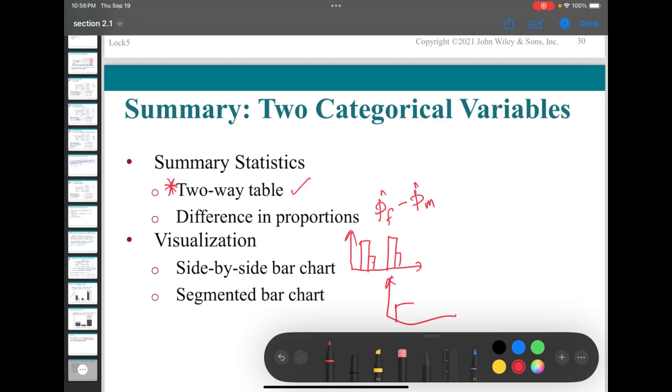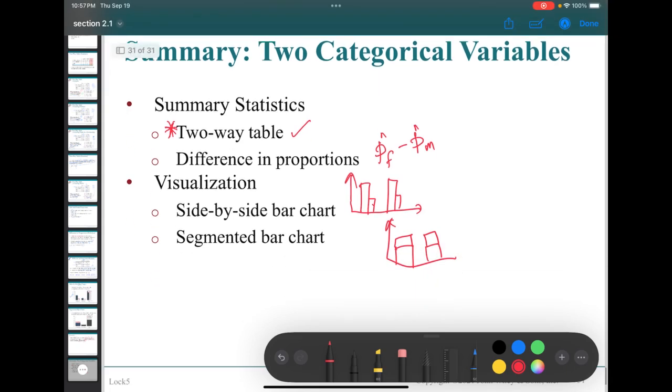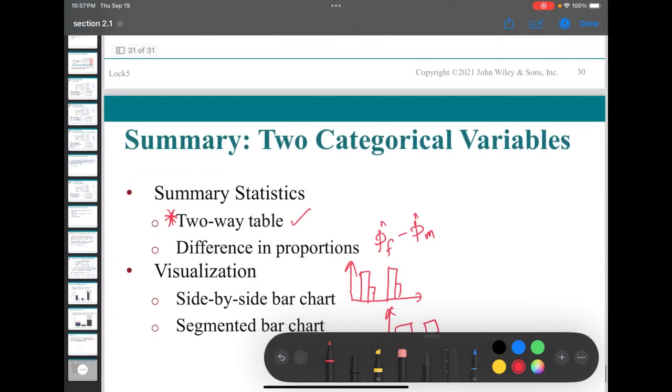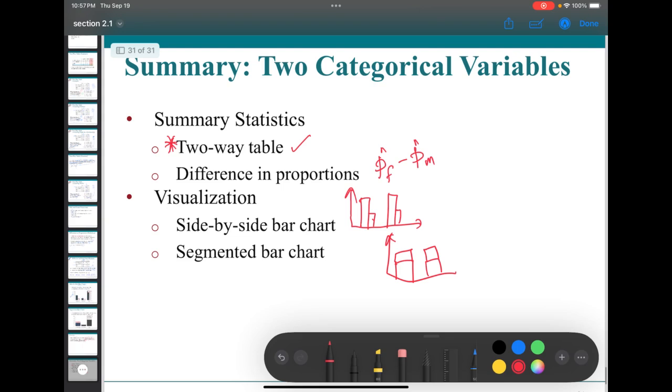It is like this. So the height of each bar segment represents the frequency of that particular value category. Okay, right. I hope you can understand what is going on.